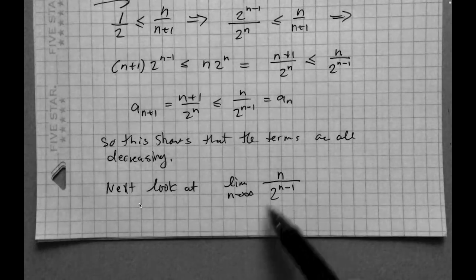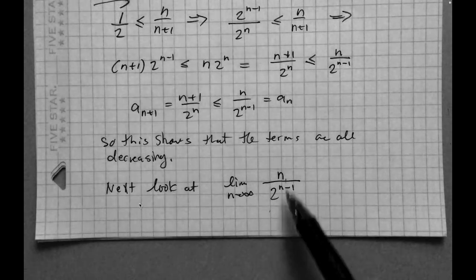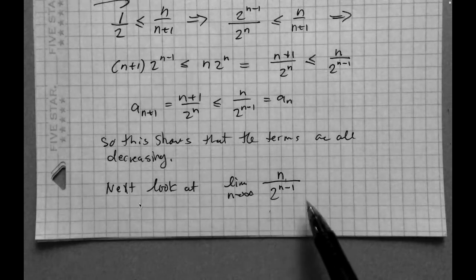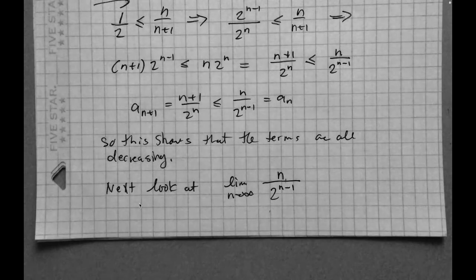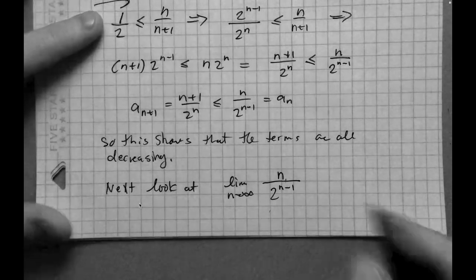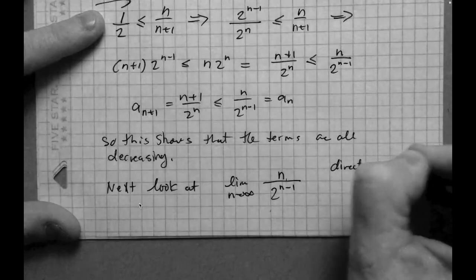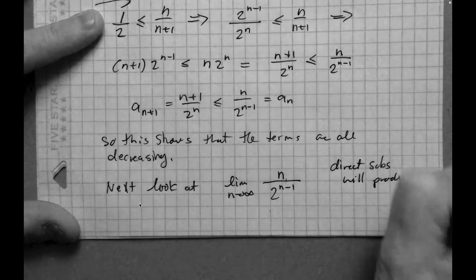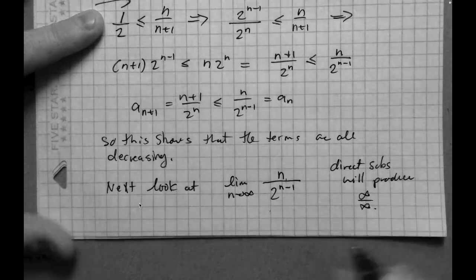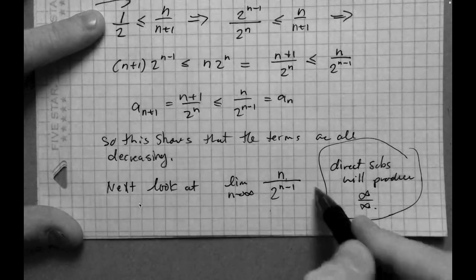When you think about this limit, direct substitution will produce infinity over infinity, which is an indeterminate form.